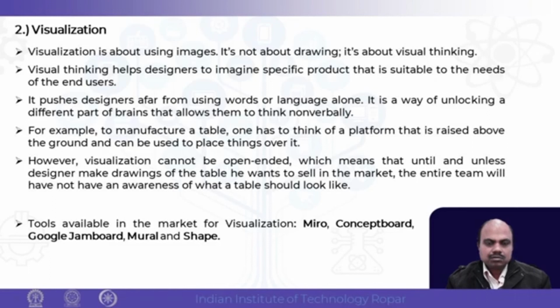An example: to manufacture a table, one has to think of a platform that is raised above the ground and can be used to place things over it. However, visualization cannot be open-ended, which means that unless designers make drawings of the table they want to sell in the market, the team will not be able to understand. So visualization is not about just thinking.